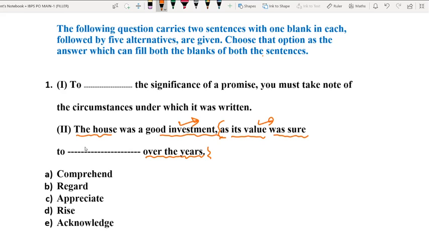So now we need a word here, in the second blank, which is synonymous with the word increase, which should be a verb and which should be in its first form or the base form. I hope it is clear now, right?